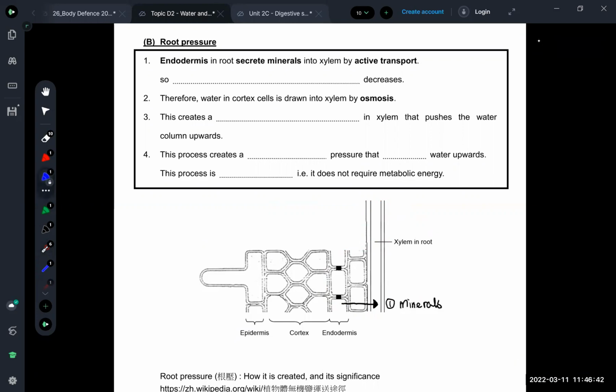When minerals are actively secreted into this xylem, it lowers the water potential inside the root xylem. So what does it mean now? It means that the water would also move in by osmosis.